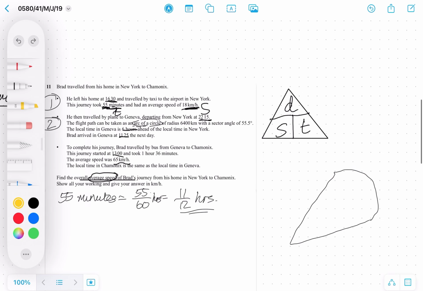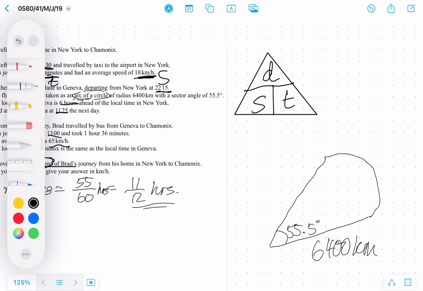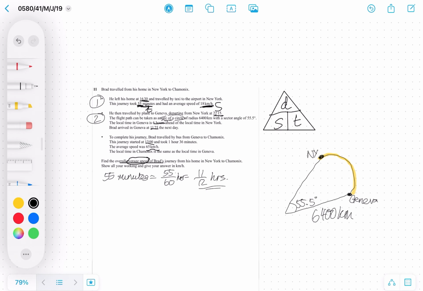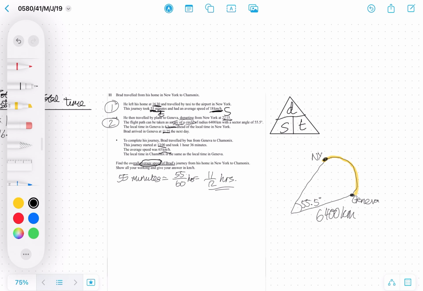The radius is 6,400 kilometers, and the sector angle is 55.5 degrees. This highlighted area is the flight path. For example, this point is New York and this point is Geneva. So what we're going to do is calculate the distance between these two places.